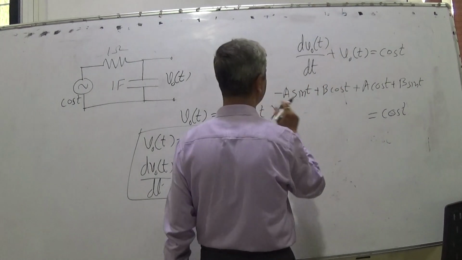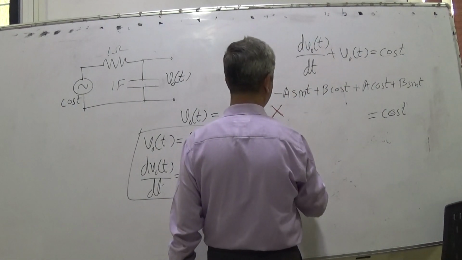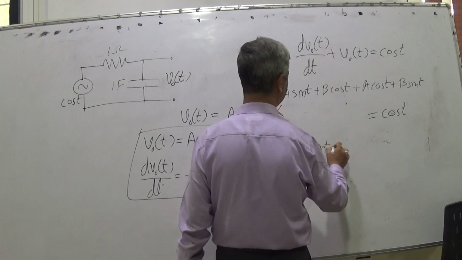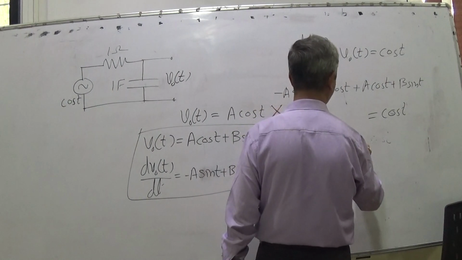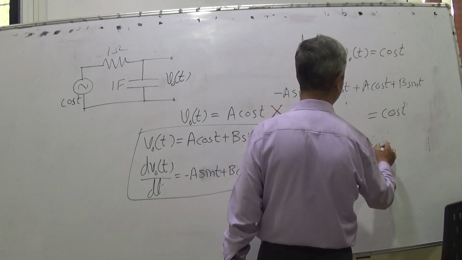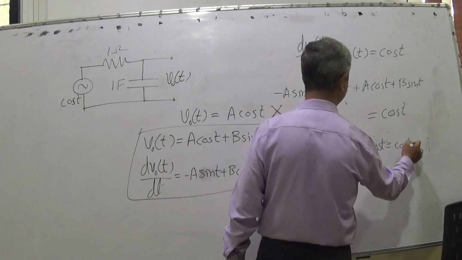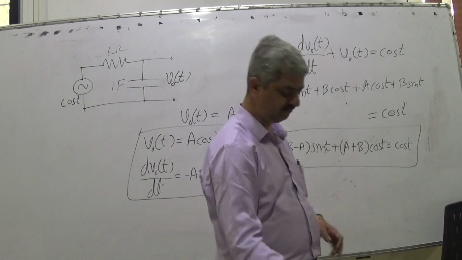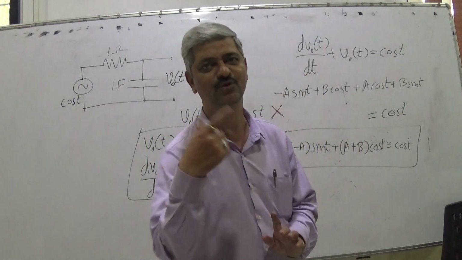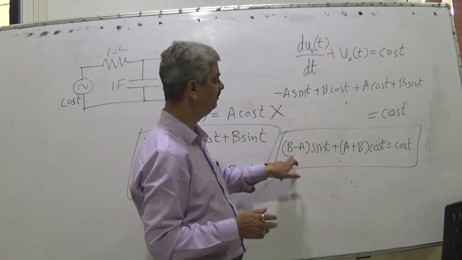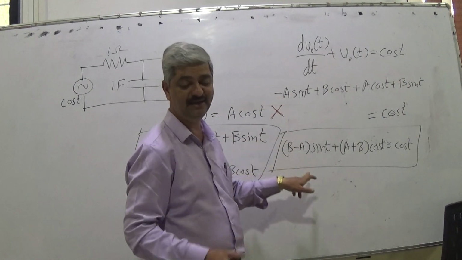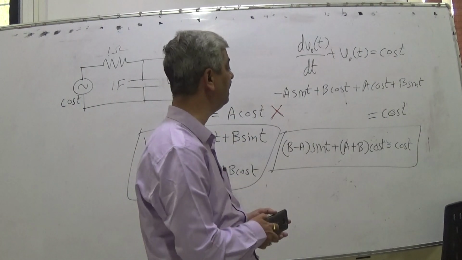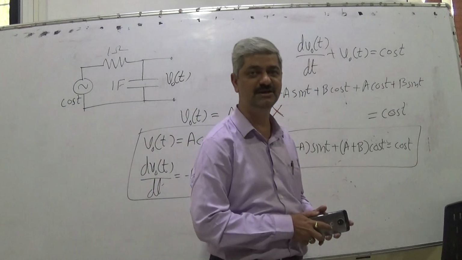So it is b minus a times sin t plus a plus b times cos t is equal to cos t. Now we stop here, and before we meet next time, you must be able to tell me the values of a and b. This exists, this is the solution for specific values of a and b. We get the solution, we meet next time.